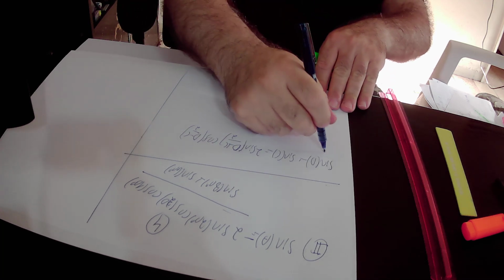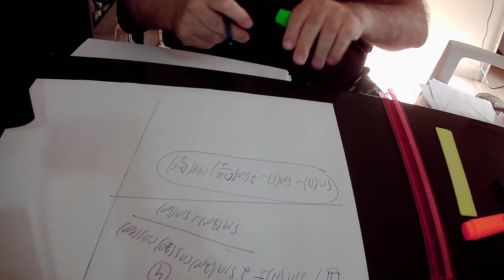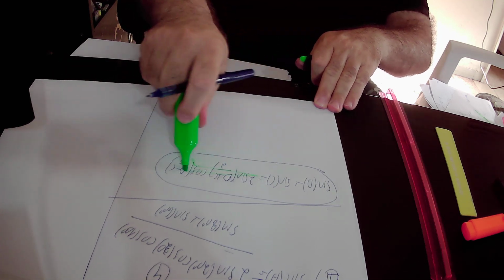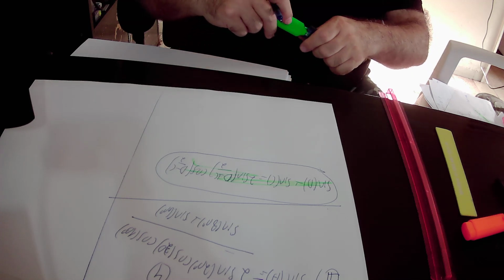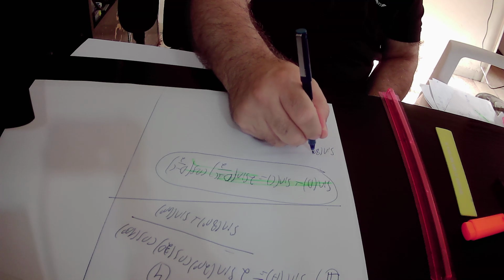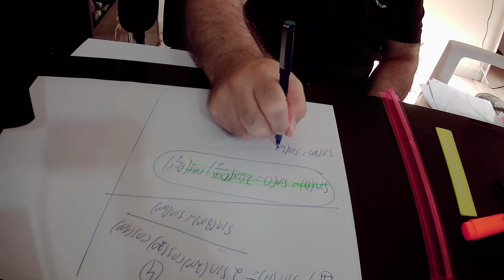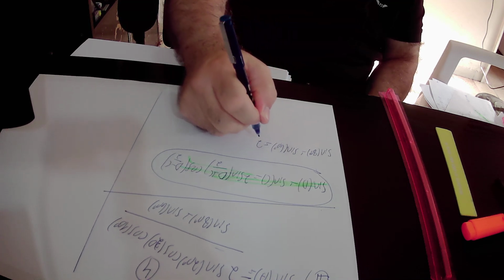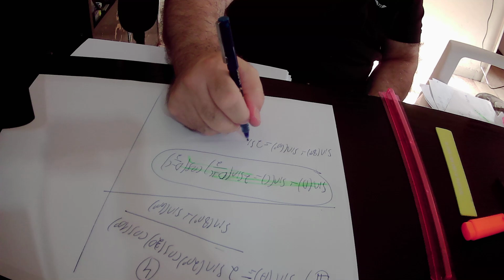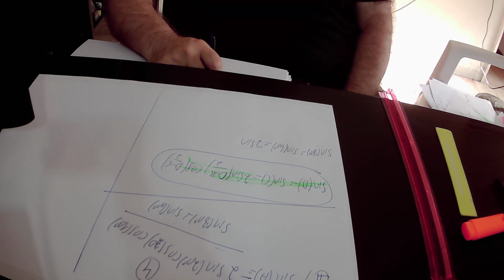So sine 80 degrees plus sine 60 degrees will be 2 times sine of, D plus C is 80 plus 60, that is 140 degrees, and 140 over 2 is 70 degrees.